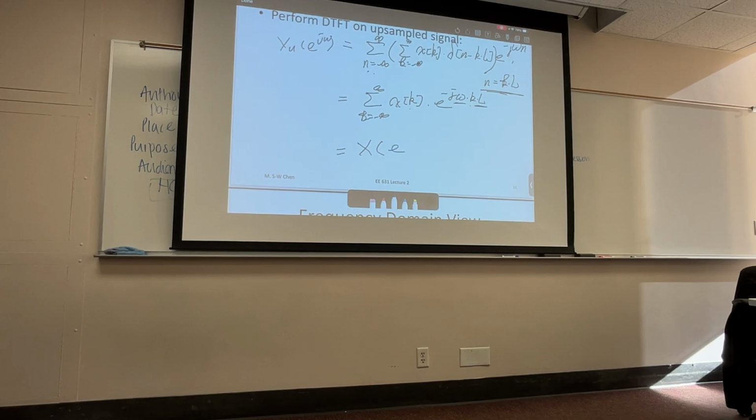Essentially what you get is as if the original spectrum has e to the j omega L. This is called frequency scaling.